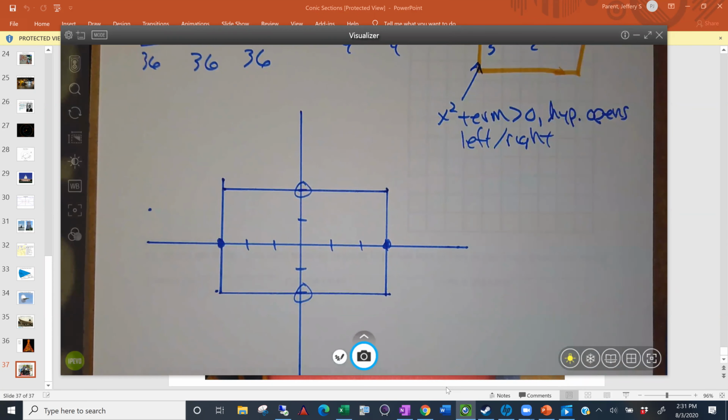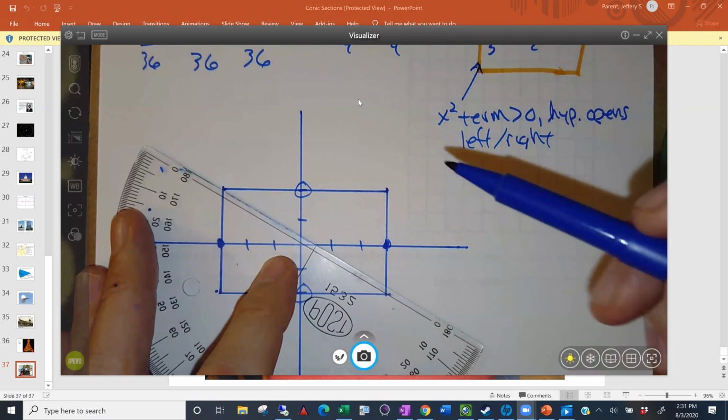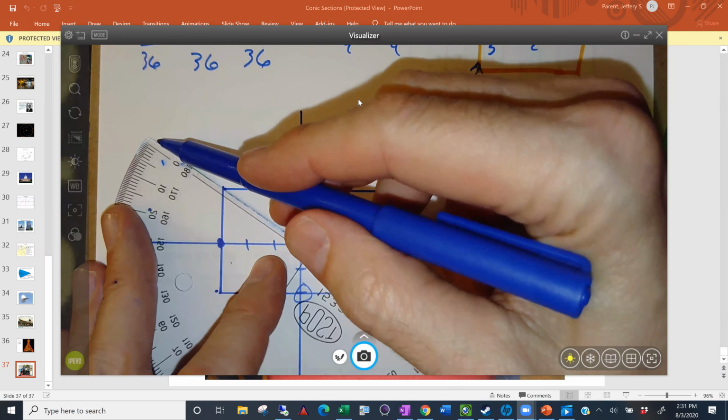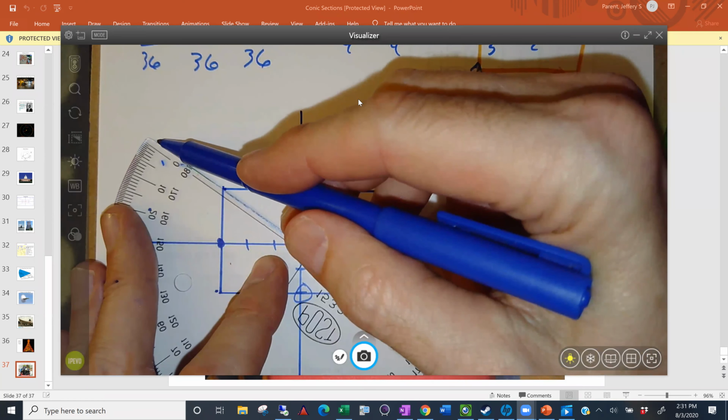After you draw the four sides of your box, we want to draw the diagonals through the box. So let's do that. Now, none of this is yet the hyperbola. This is all just kind of like scaffolding.